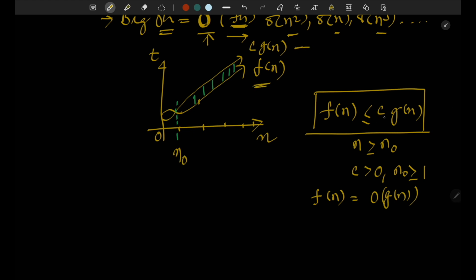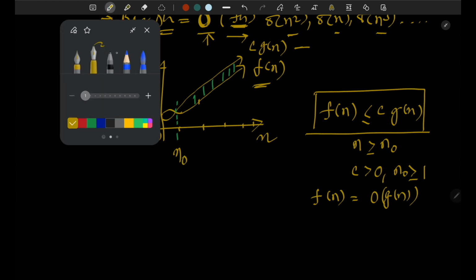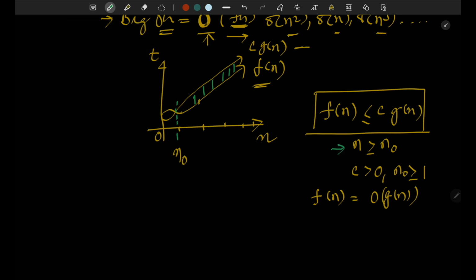So c multiplied by g(n) is greater than or equal to f(n) after certain conditions, certain constraints, and the first constraint is that this happens after we have n which is greater than n naught. So basically for all the n's which are after this n naught, so this is the first case.